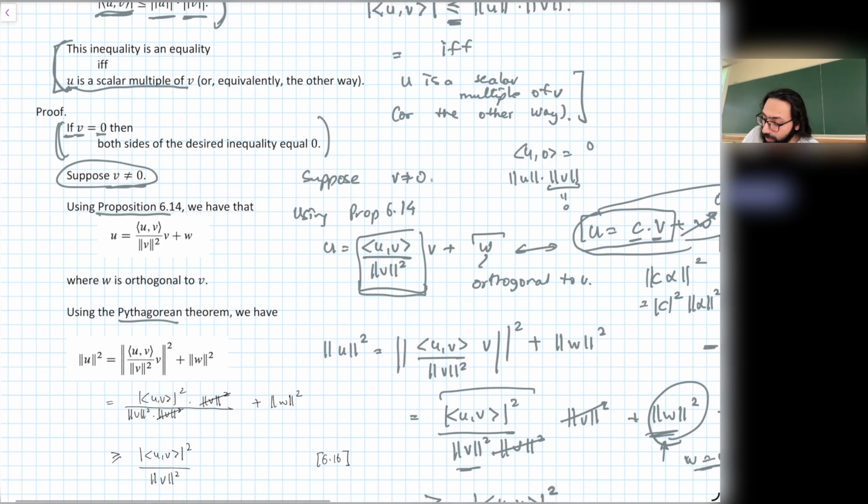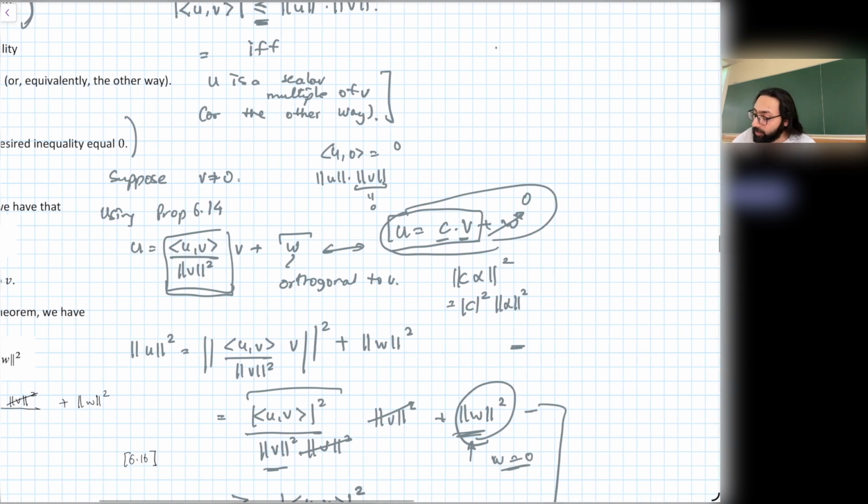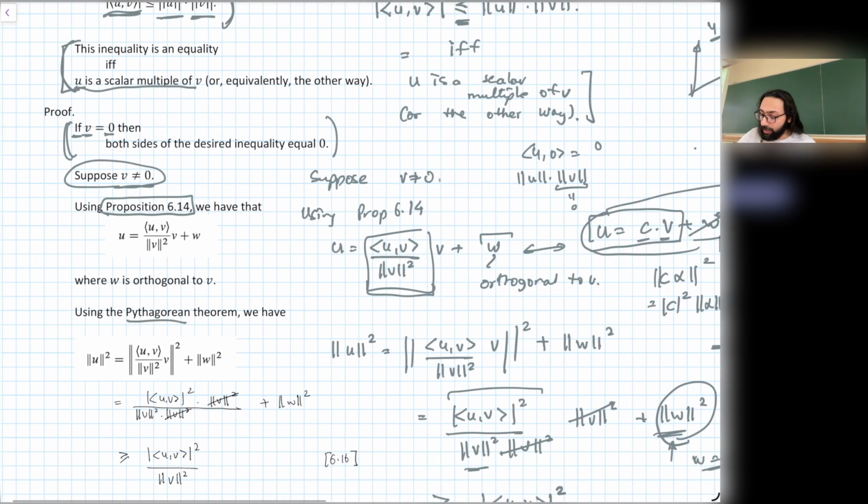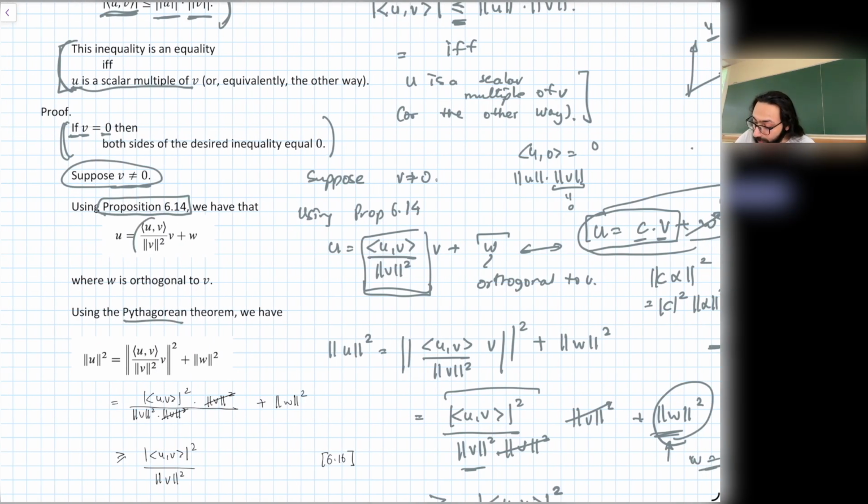What is happening in this proposition 6.14 is that we are saying that suppose you have some vector U and some vector V. You can always write this vector U as some scalar times V plus some vector W. So if U actually is already some C prime V, then that proposition would just give you that the W vector is 0 already. So it doesn't really matter. This scalar that you're getting will become 1.